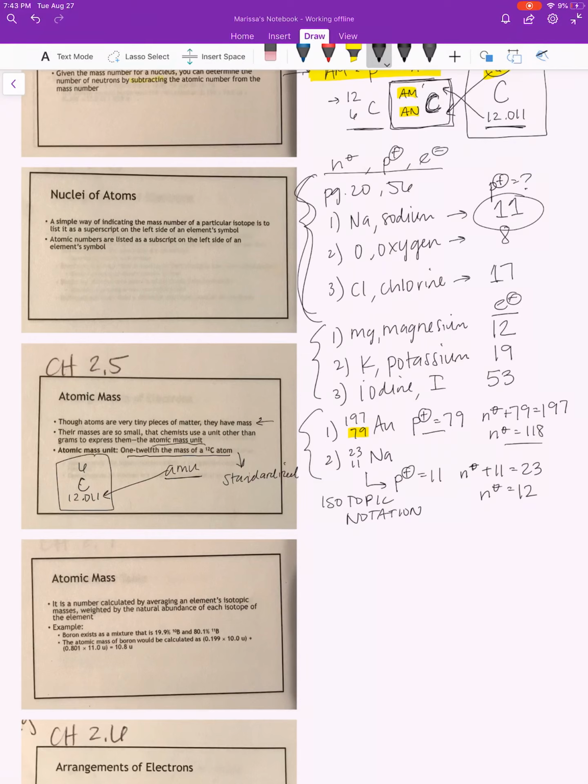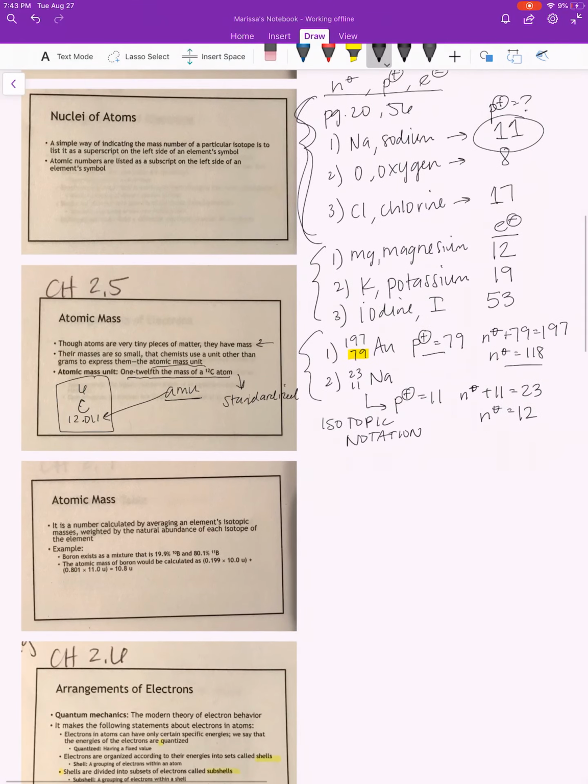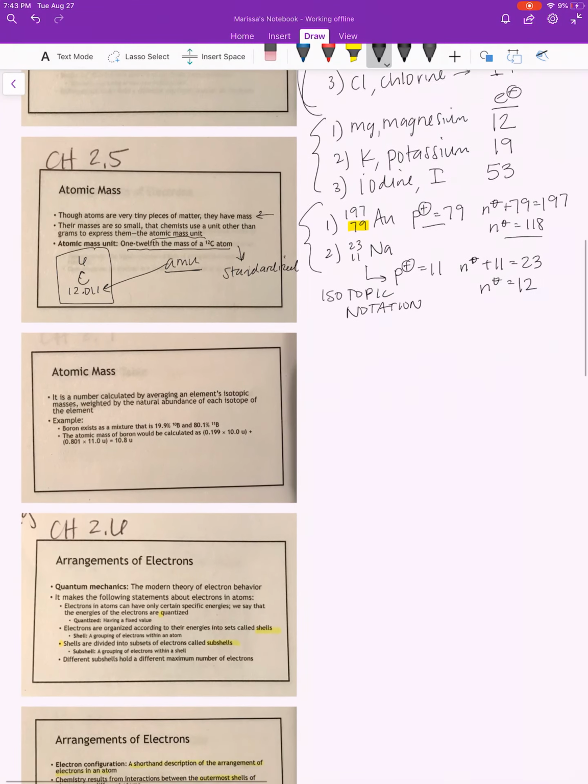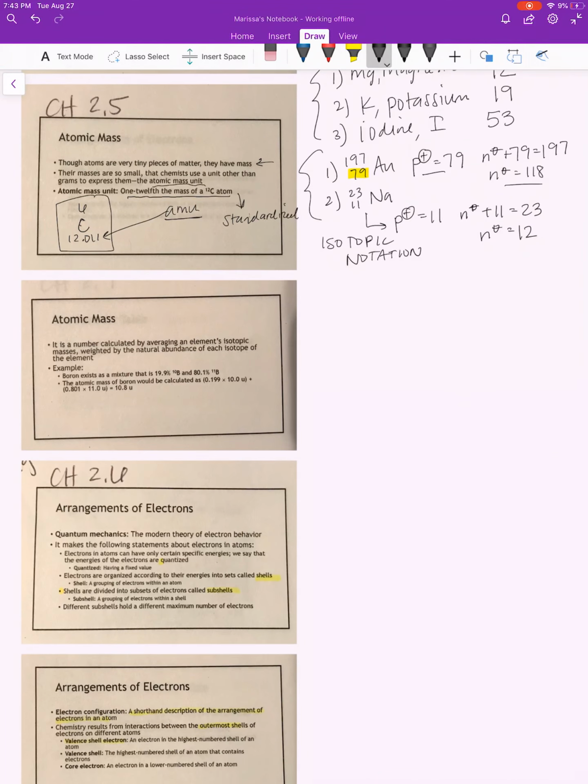And then once we get to chapter 3, I think 3, 4, or 5, we're going to give it a different type of units. Okay, that will help us with mole calculations. So earlier I explained that the reason why it's not an exact number is because we average all of the element's naturally occurring isotopes by taking their percent abundance and multiplying it by the mass. But do not worry about calculating.